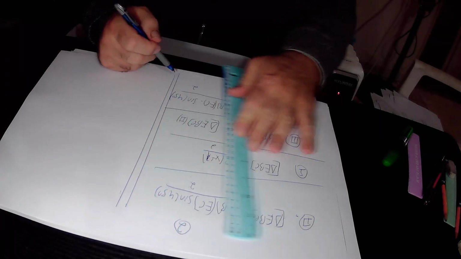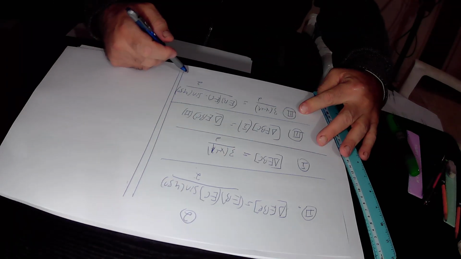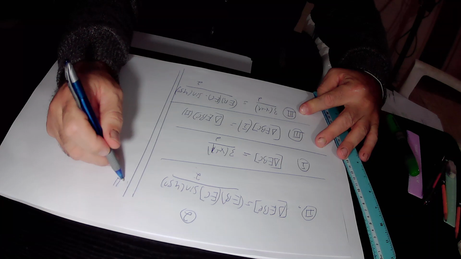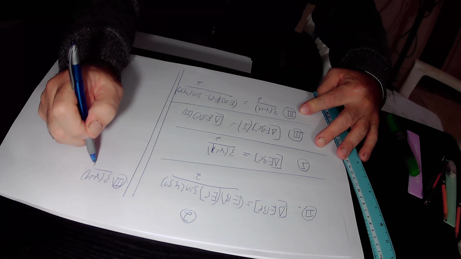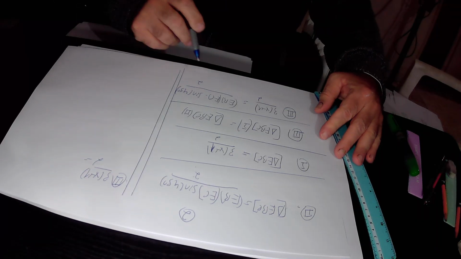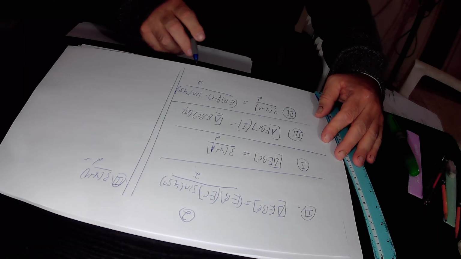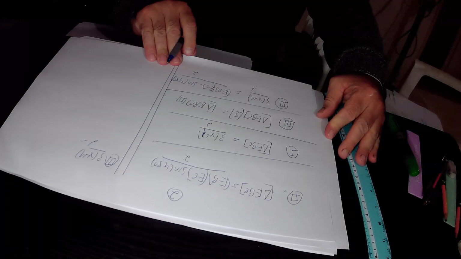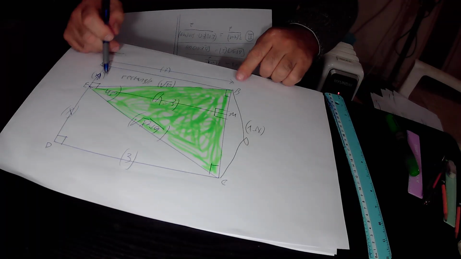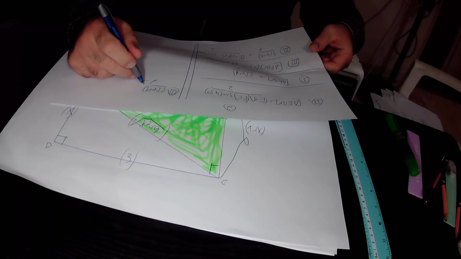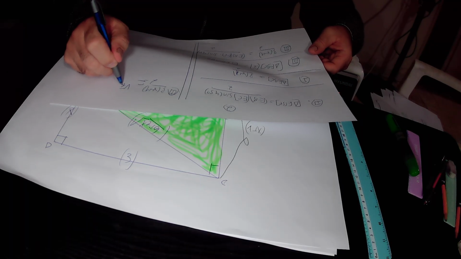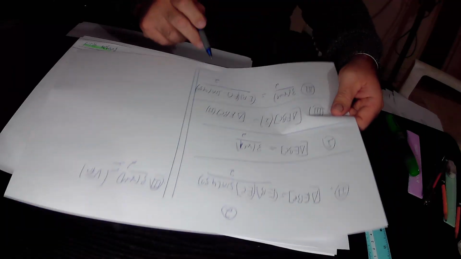So according to equation 3, 3 times (x plus 1) over 2 equals EB times EC times sine 45 degrees over 2. We already found out that the length of side EB is square root of 10, times EC.